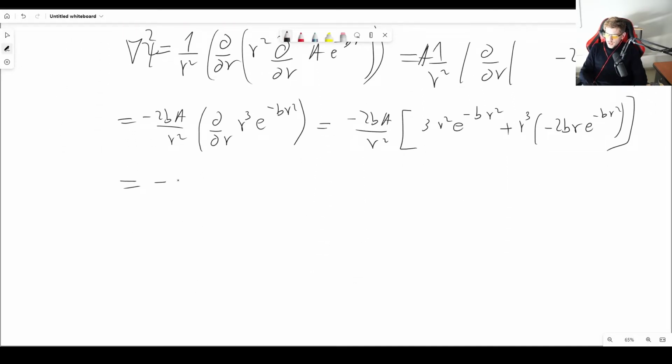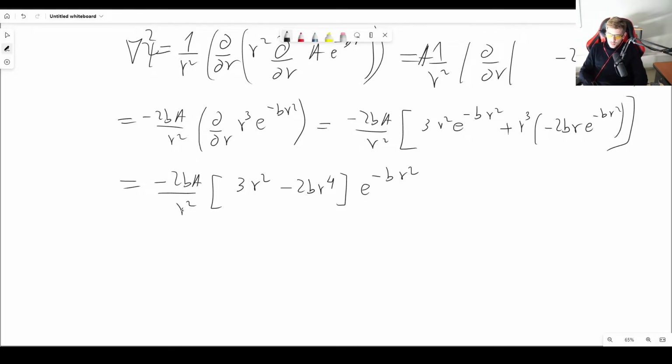So here we get minus 2ba over r squared, times 3r squared, we can factor out the exponential, minus 2br to the fourth, e to the minus br squared. So this is our result.